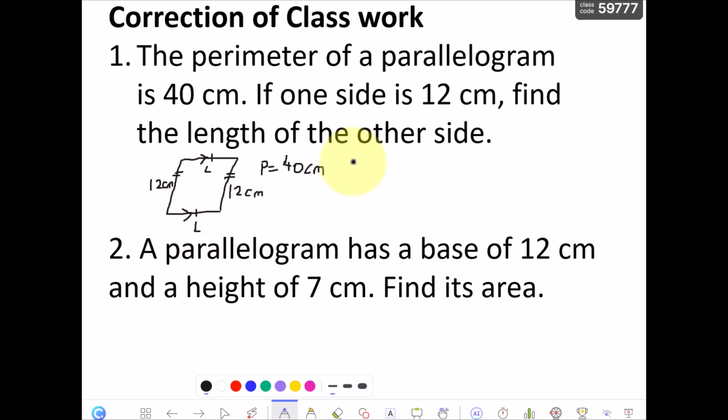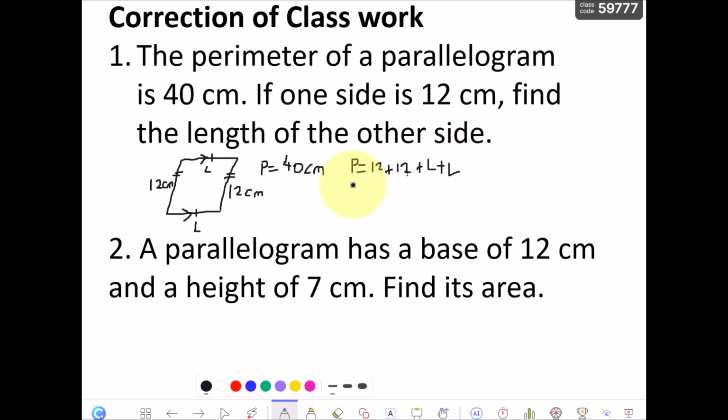Remember, we said perimeter is the distance around the shape. So in this case, our perimeter is going to be 12 plus 12, L plus L. So you must add the four lengths of the parallelogram for you to get the perimeter.